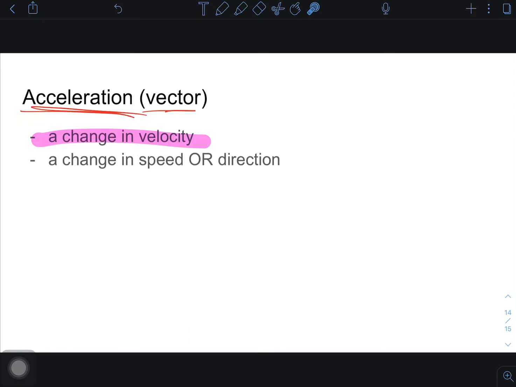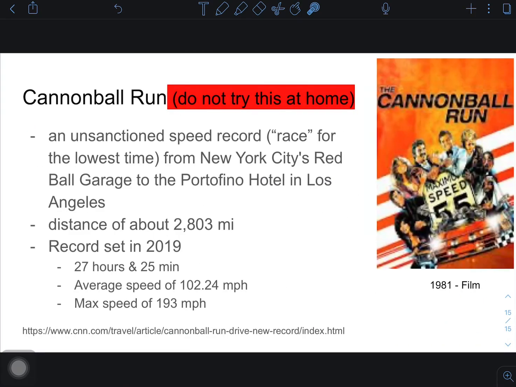One last thing: average speed is really just an overall picture of our trip. When we say how far did we go in a given amount of time, it's an average, and that's exactly what is meant. The example I like to use is an unofficial race called the Cannonball Run.